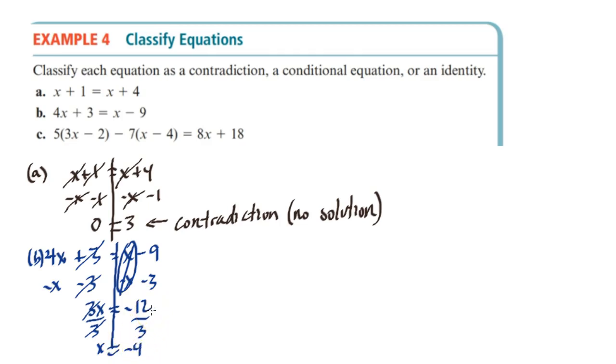So this is, by definition, a conditional statement. A conditional statement, as mentioned in the slide, is an equation that is true for some values, but not all values. So it's equal to negative 4.